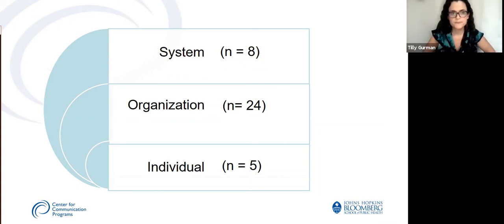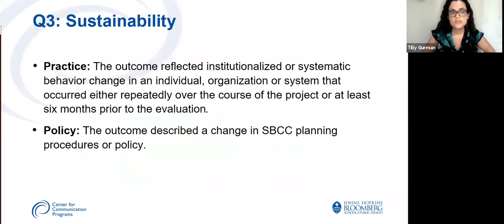Next. So then our third research question was related to sustainability. And here we were looking at both the practice and the policy, and we wanted to define for ourselves, well, how could we say a practice or change in behavior of an individual or an institution or a system would be something where we would say, okay, the project is ending, but maybe we think that's going to continue over the test of time.